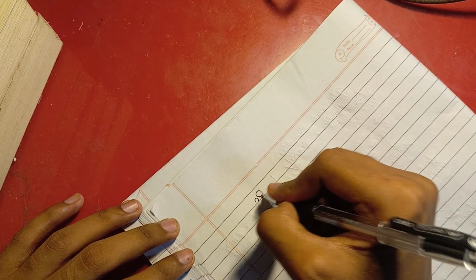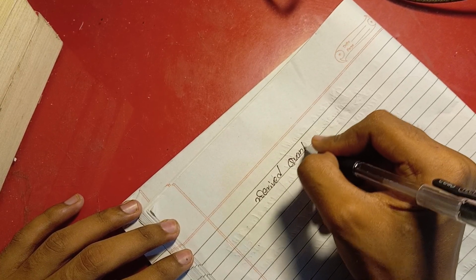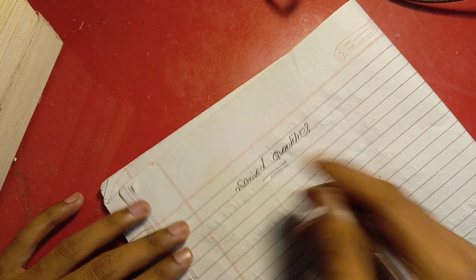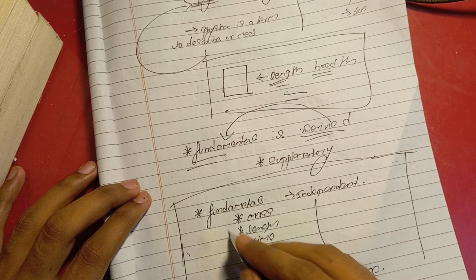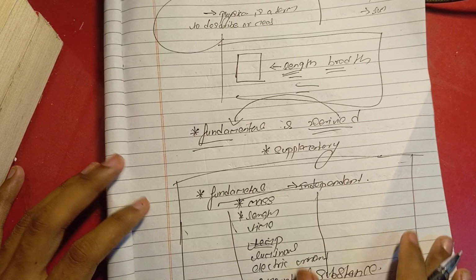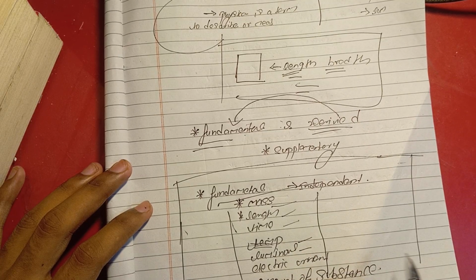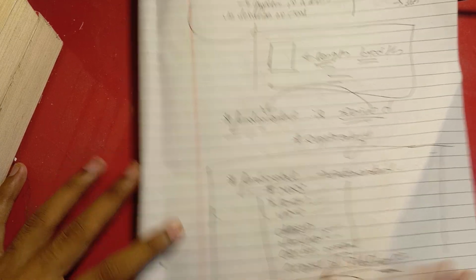And now we have derived quantities. It will be important to remember all these 7 quantities: mass, length, time, temperature, luminous intensity, the electric current, and the amount of substance. You have to remember all this.